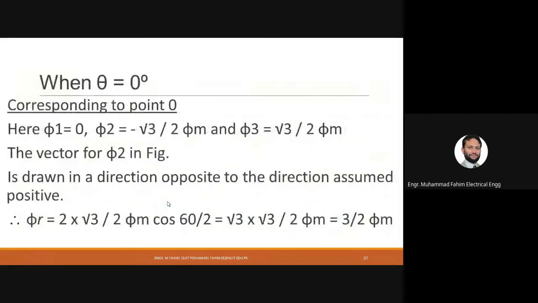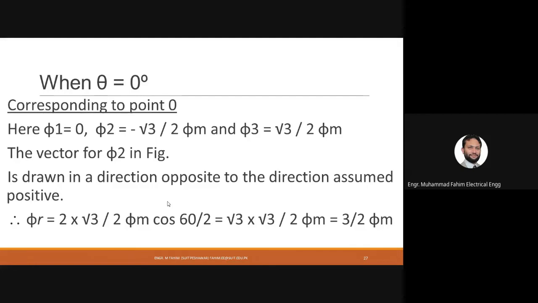When theta is 0, corresponding to point 0, phi 1 is 0, phi 2 is minus root 3 divided by 2 phi max, and phi 3 is equal to root 3 divided by 2 phi max.